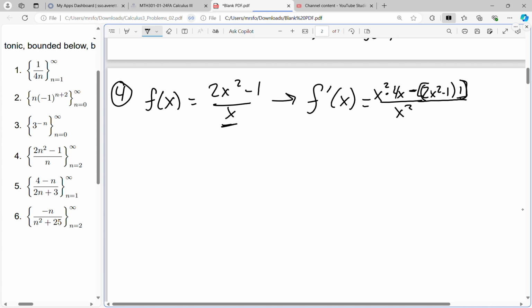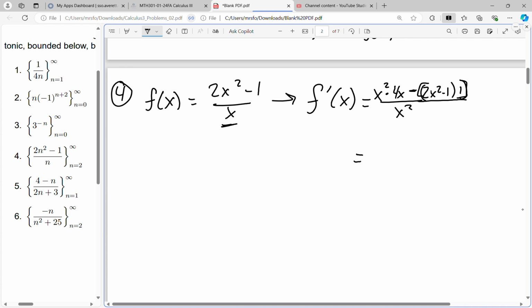I don't know if you learned this little thing to help you remember the quotient rule: low d high, meaning the denominator times the derivative of the numerator, subtracted by high d low, which is the numerator times the derivative of the denominator, divided by the denominator squared.